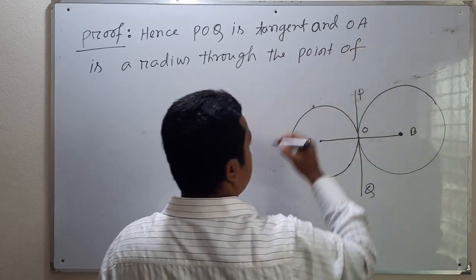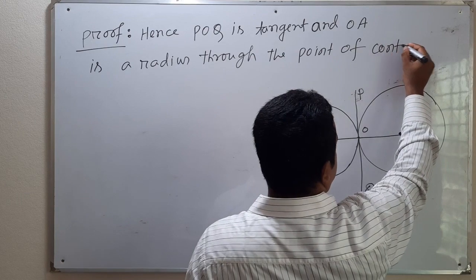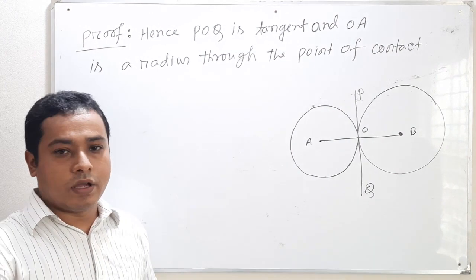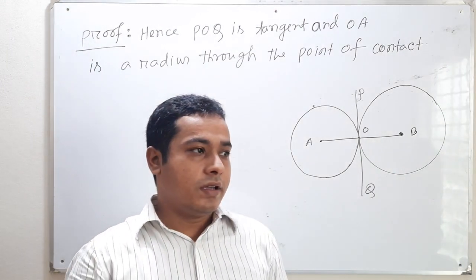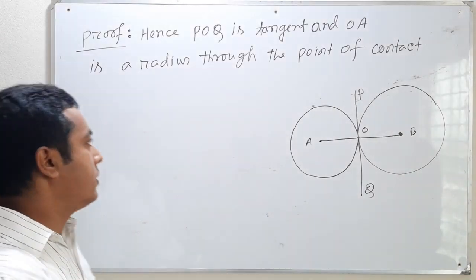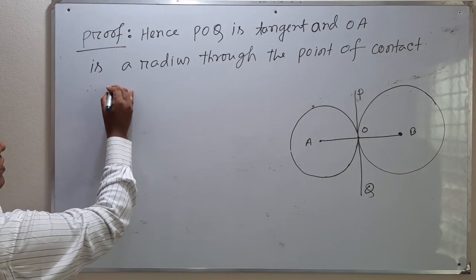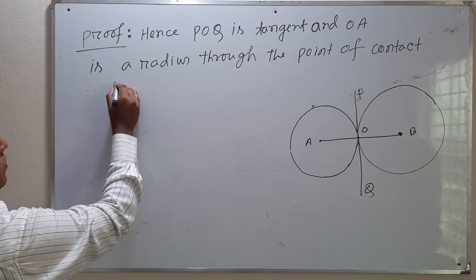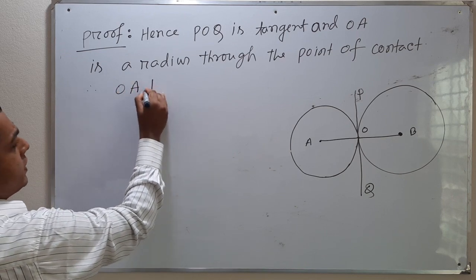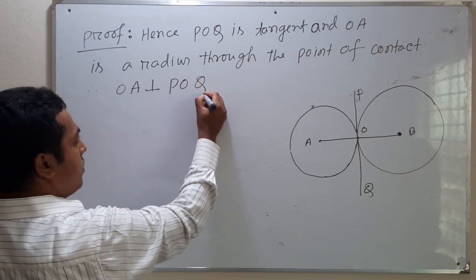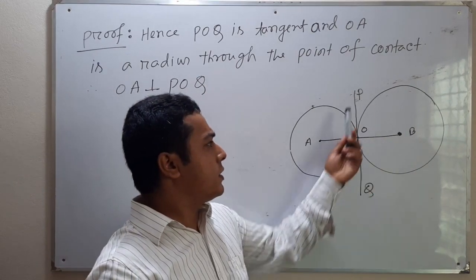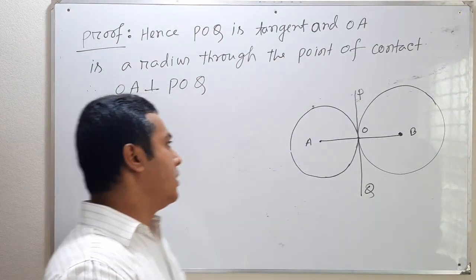According to our theorem 27, at the same point the tangent and radius are perpendicular to each other. So OA is perpendicular to POQ. This tangent and this radius are perpendicular.